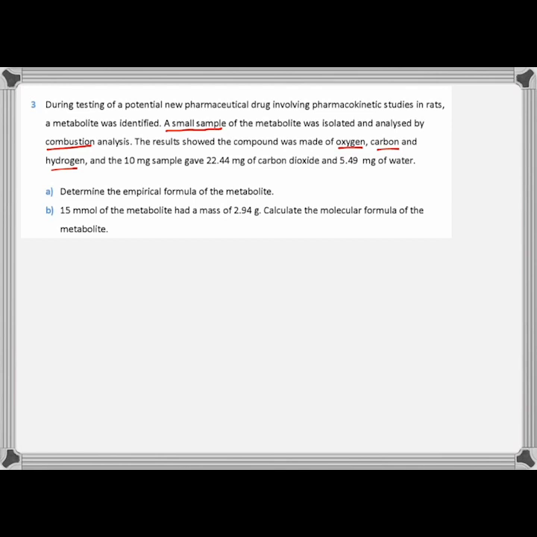Right, so to solve this problem, we're going to start off by assuming our compound contains carbon. Let's say it has X number of carbon atoms. Hydrogen, let's say it has Y number of hydrogen atoms. And oxygen, and let's say it has Z number of oxygen atoms.